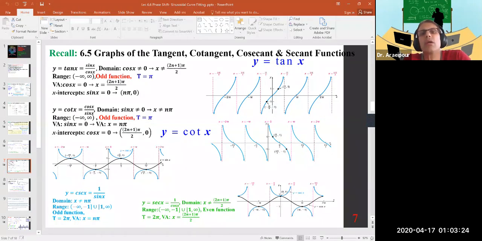So 2n plus 1 represents an odd number, whereas 2n represents an even number, multiplied by pi over 2, and that's where sine is 0. So those are the points where tangent does not exist. Those are excluded from the domain. So in short, x is every point except those. And x equals those numbers represent vertical asymptotes.